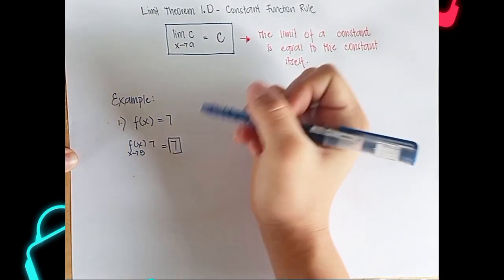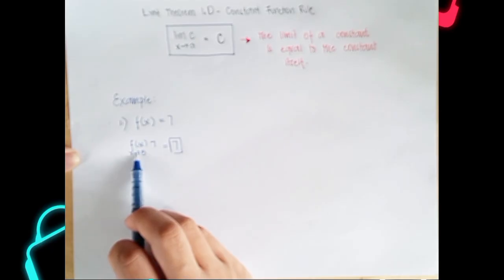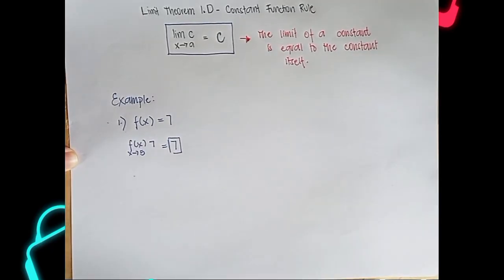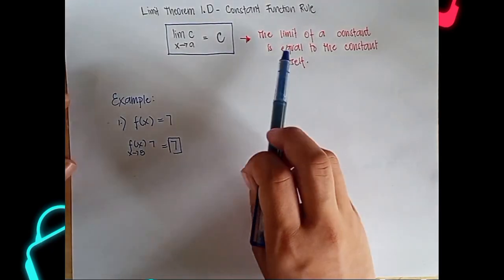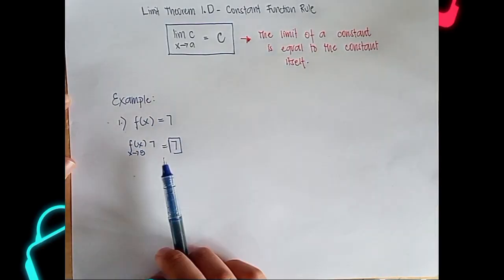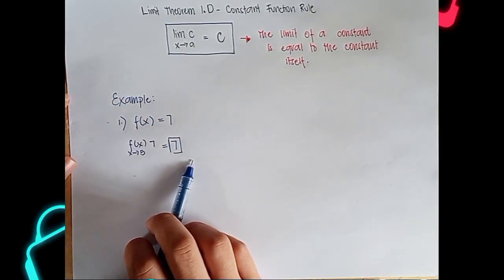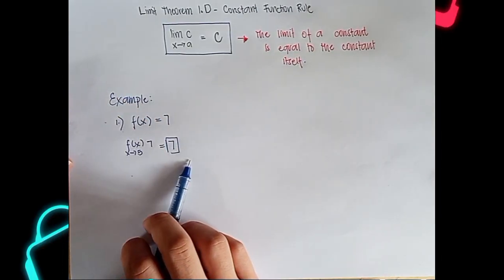In our example, the function is f of x equals 7. This means that no matter what value of x you plug in, the output is always 7. It doesn't matter if x is 1, 10, negative 1000, or even if x approaches a, the output stays 7. So the limit of a constant function is just the constant itself.